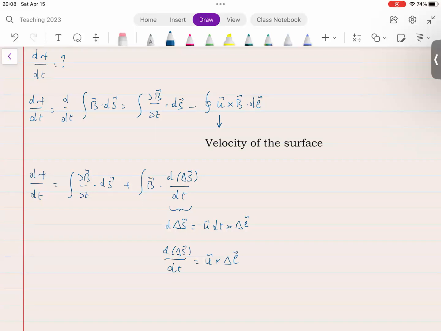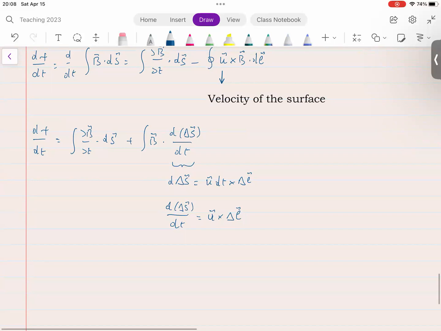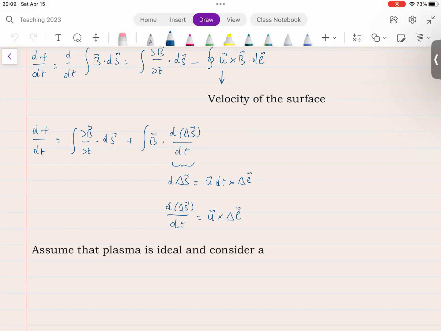Okay, almost there. Now I'm going to assume that my plasma is ideal. And I'm going to consider a surface that moves with the plasma.